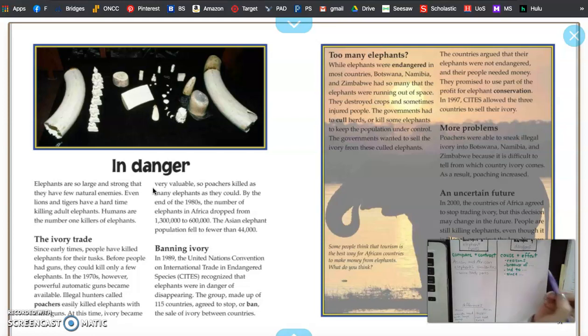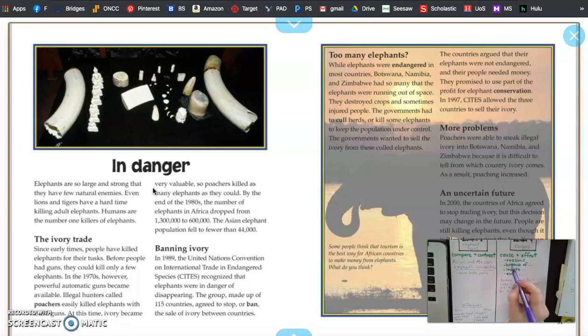So I'm going to use one of these keywords when I take this part of notes. Let's see. I'm going to say, because of the fact ivory is very valuable, humans are killing elephants for their ivory tusks.